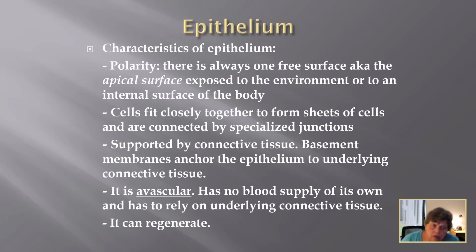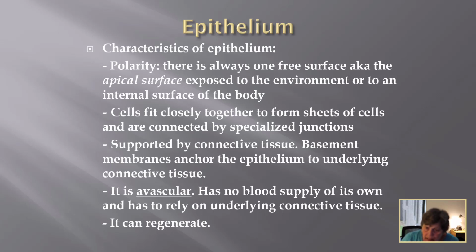All right, let's start with epithelium. As I mentioned, this is a lining covering tissue. There is always what we call a free surface. We call this the apical surface or the apical edge, and there's always a free side that is exposed to the environment, doesn't touch anything.